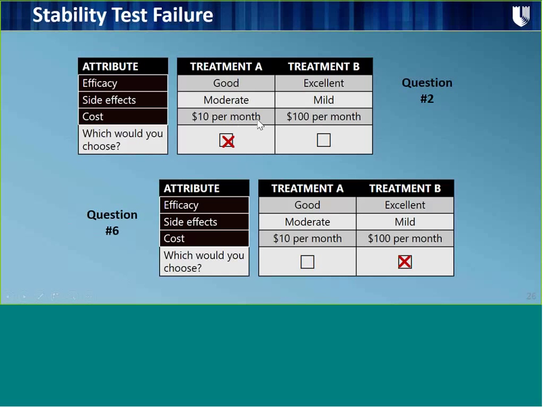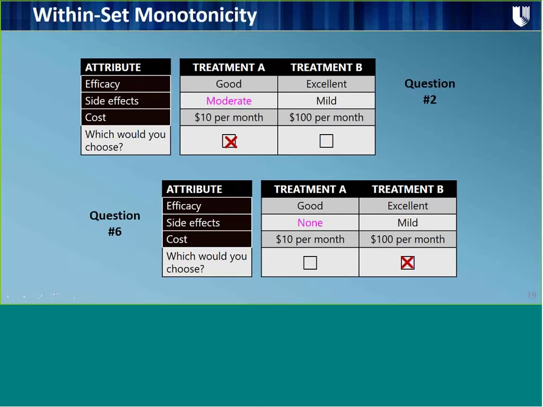The respondent looks at these and chooses treatment A. Now, in question number 6, we offer them exactly the same choices, but then in question 6, they say, I think I'll pick B instead. That's a test-retest failure. The assumption that we're imposing here is that people's preferences are not going to change between question 2 and question 6. That seems like a fairly weak assumption.